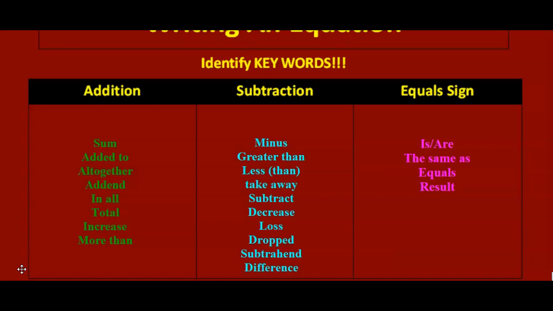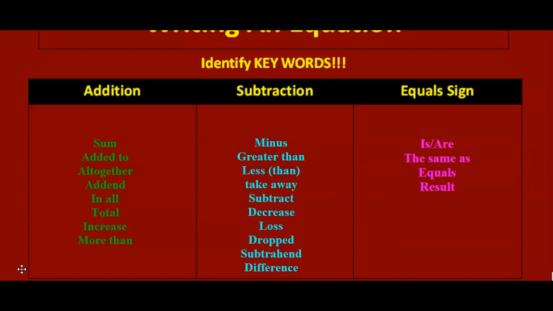For subtraction, we have minus, greater than, less, or less than. Remember, again, make sure that you're reviewing your writing expressions before this, but less and less than are two different things. Okay, so less, you can just add in that subtraction, no problem.